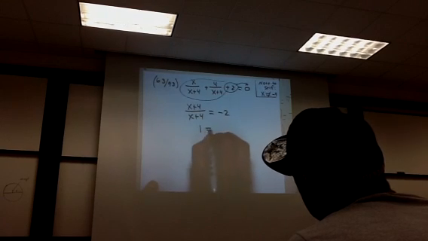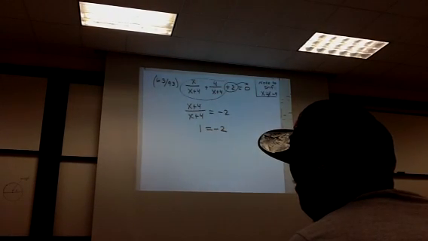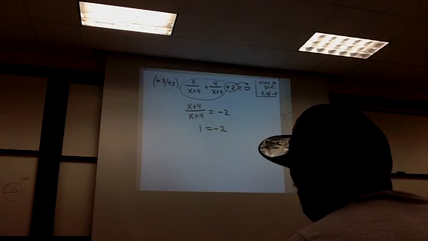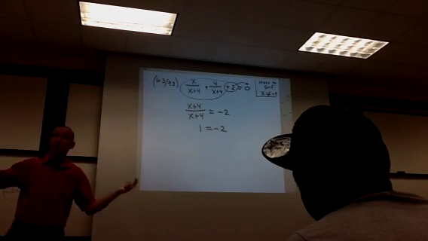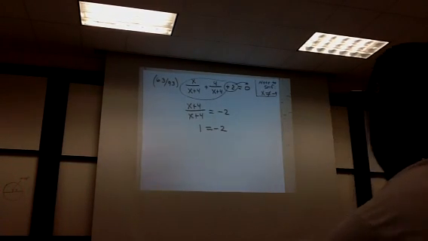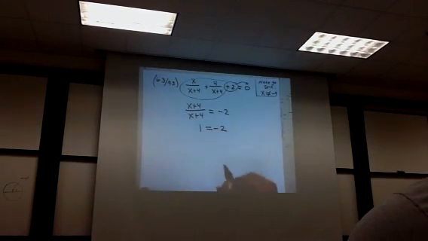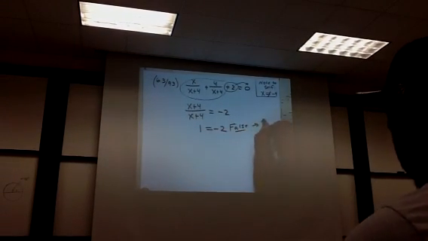So I have 1 equals -2. What do I do in a situation when I get a universally false statement like this? No solution. Very good. Notice there's no x's left. False statement. Implication: no solution.